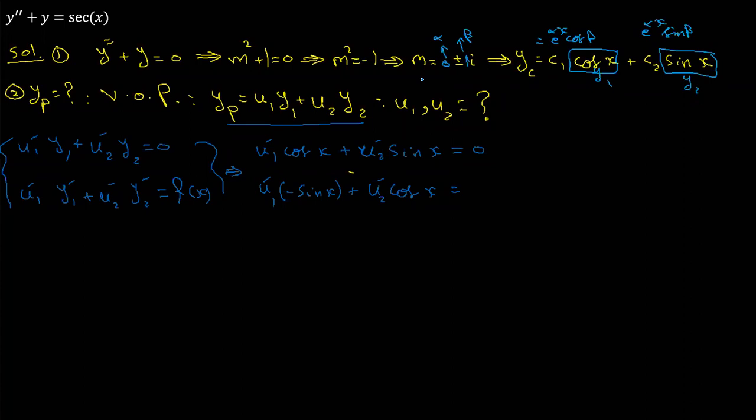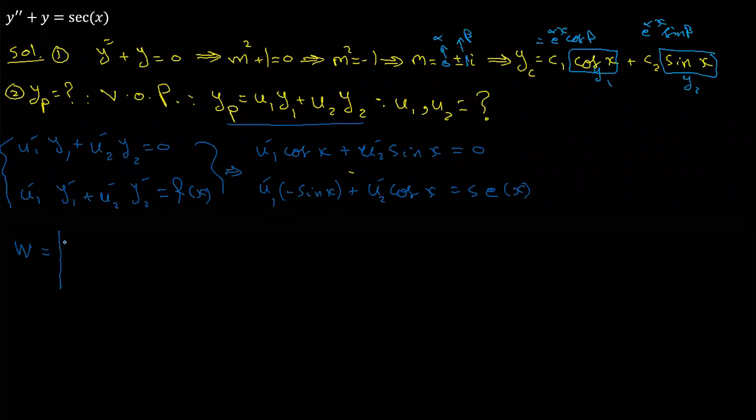Sec x, you are right, sec x. Okay, now to solve this algebraic system and find u1 prime and u2 prime, I have to find the value of the Wronskian determinant W.